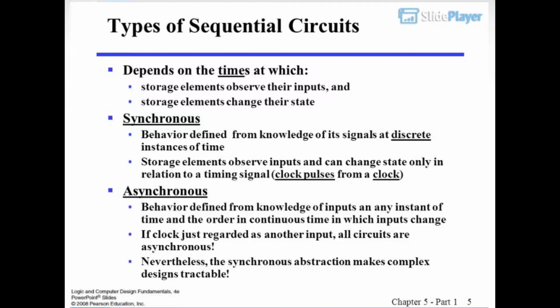Asynchronous: behavior defined from knowledge of inputs at any instant of time and the order in continuous time in which inputs change. If the clock is just regarded as another input, all circuits are asynchronous. Nevertheless, the synchronous abstraction makes complex designs tractable.